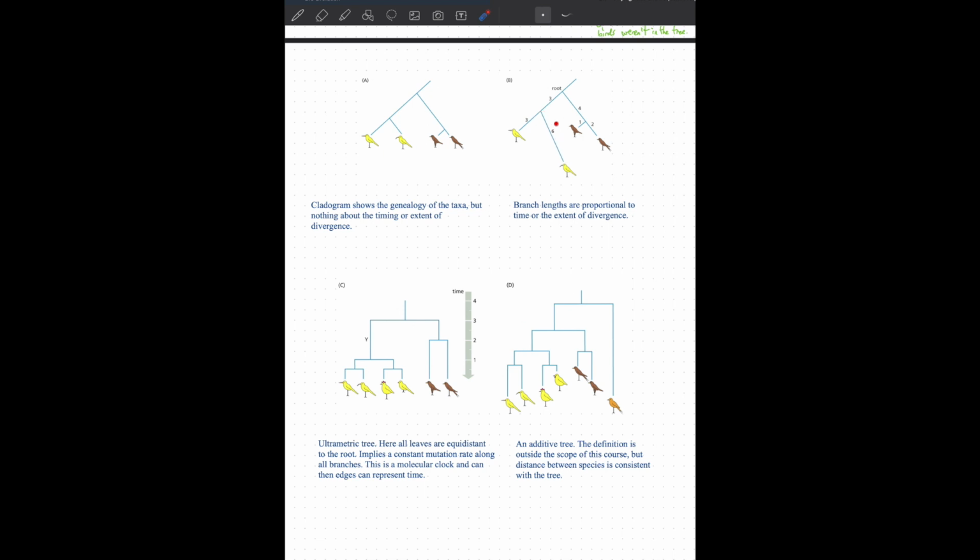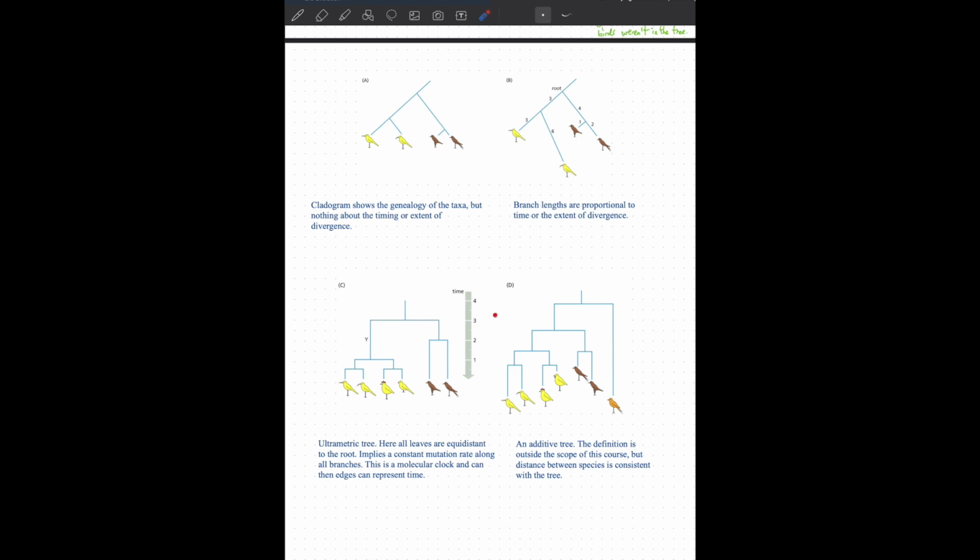And this edge here, it's longer because from this period to this period, we expect 6 point accepted mutations per 100 amino acids. Generally speaking, it's much more informative to know not only the genealogy of how these different observed taxa or species branch from each other, but also some measure of how much evolution there's been, or time.